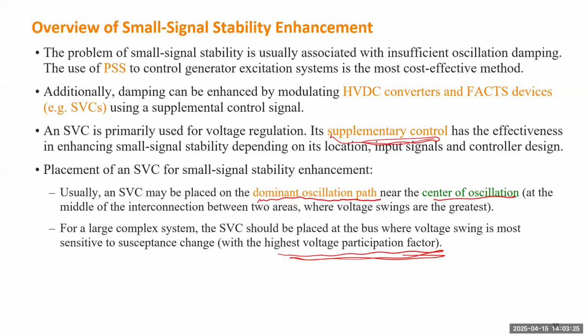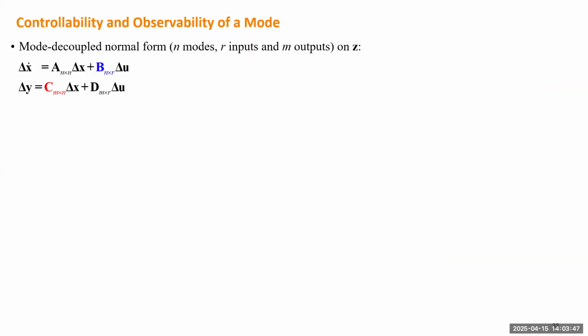But basically, it's also a type of participation factor describing how this SVC can participate in mitigating that variation of voltage. You can read that chapter, which covers everything. But here I only use a couple of slides to quickly highlight some useful methods. Let's talk about controllability and observability of a mode.